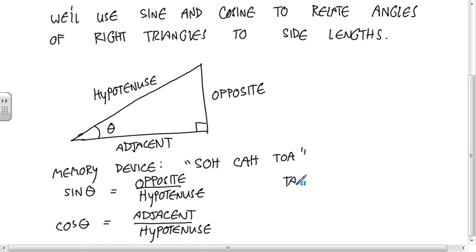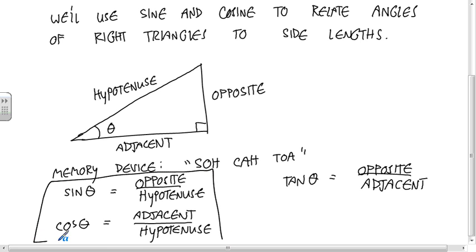And the tangent of the angle is equal to the opposite length over the adjacent length. We're not really going to have any use for the tangent, but these two we're going to use all the time.